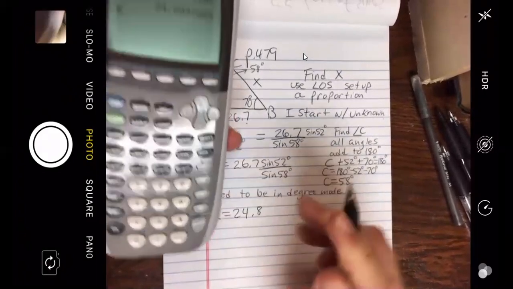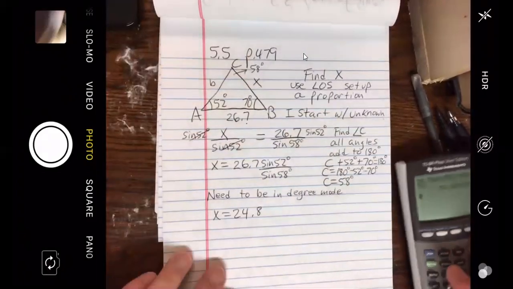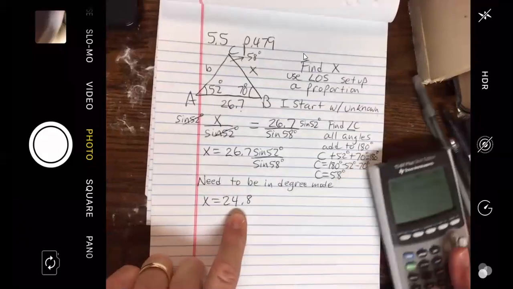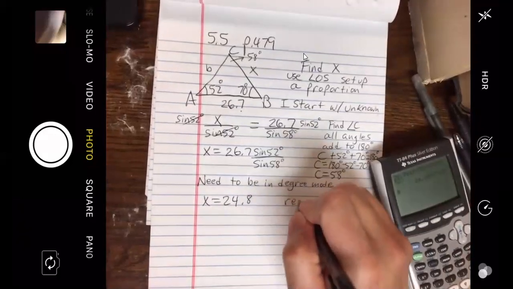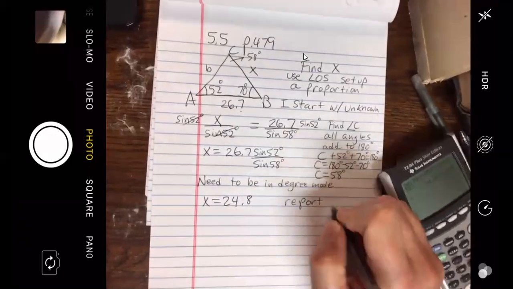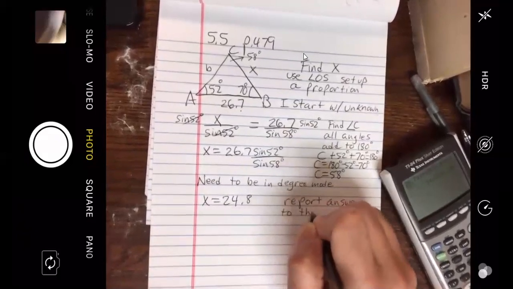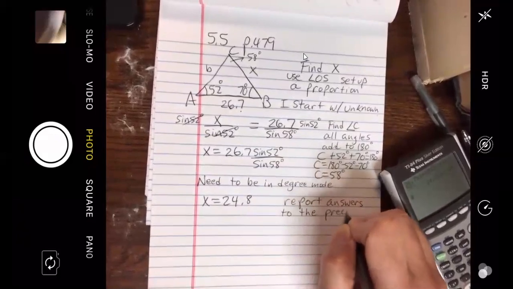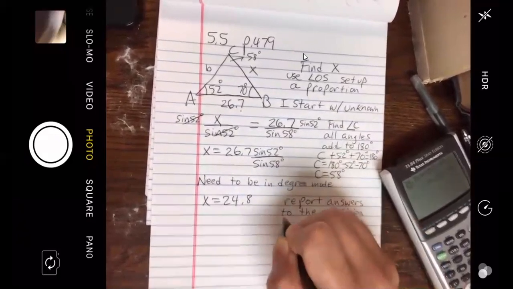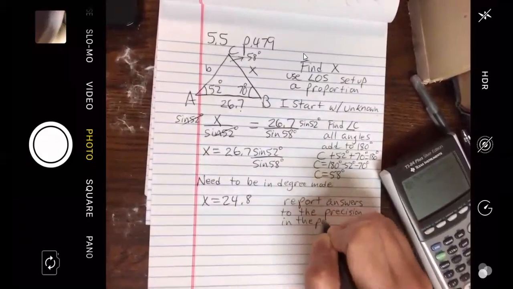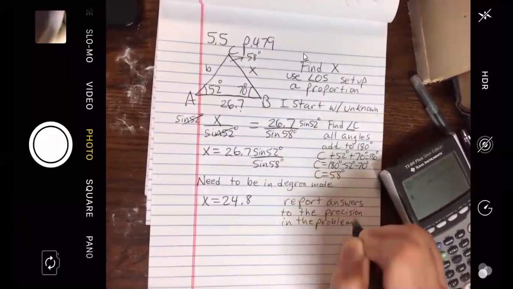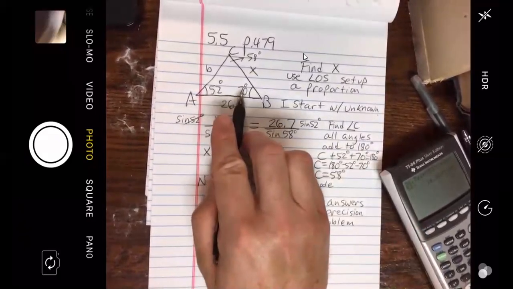Here's another point about their little convention with how you report your answers and rounding. You report answers to the precision in the problem. So notice the angles were given as whole numbers.